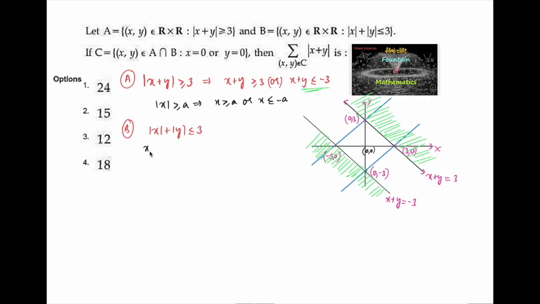So here we can write x plus y less than or equal to 3, or x minus y less than or equal to 3, or negative x plus y is less than or equal to 3, or negative x negative y less than or equal to 3. So these are the four straight lines. We can see that the first line x plus y less than or equal to 3. So this is x plus y is equal to 3, and less than or equal to 3 means it is passing through the origin. So we can say this side.